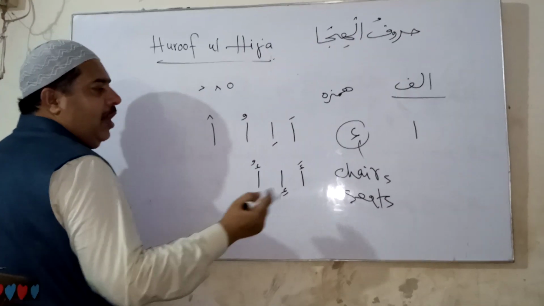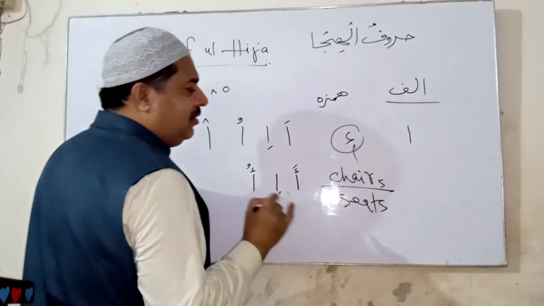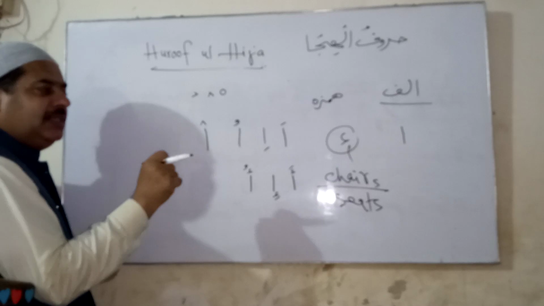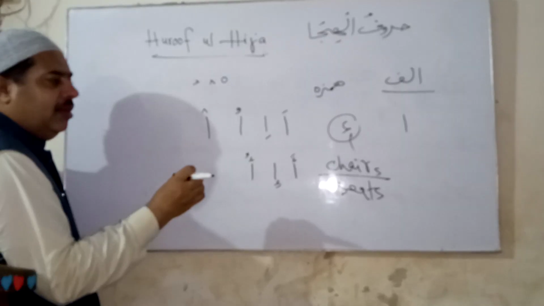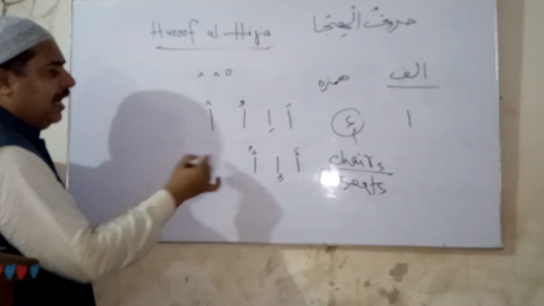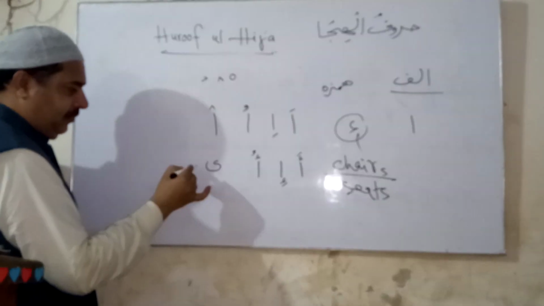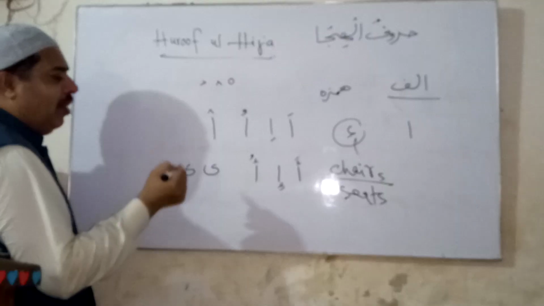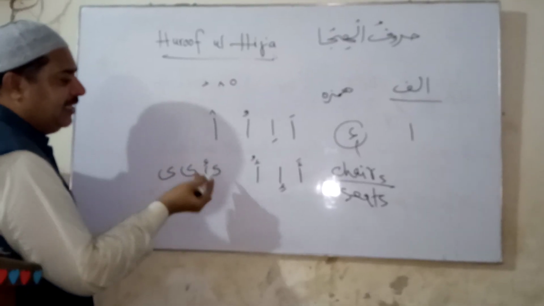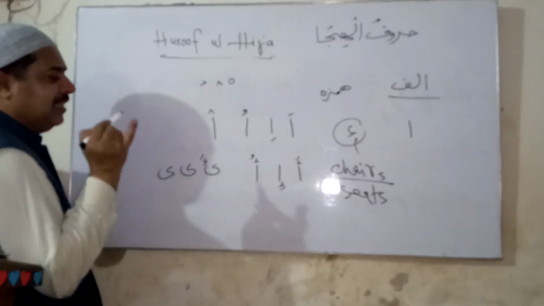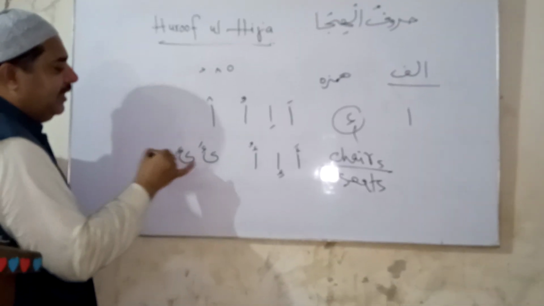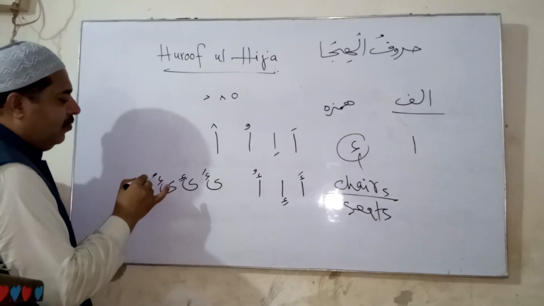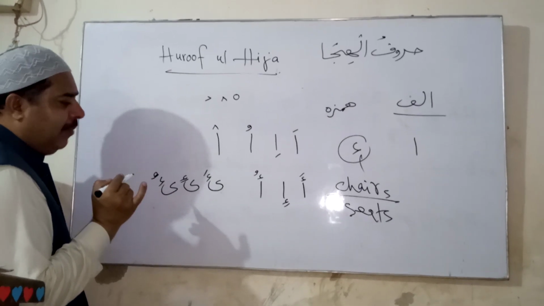As we are talking about the chairs or seats of Hamza, one alif is the chair of Hamza and another is ya. This ya is the seat of Hamza. Sometimes it is above the ya, just like this. Again there's jar or kasra, again rafa or dhamma.